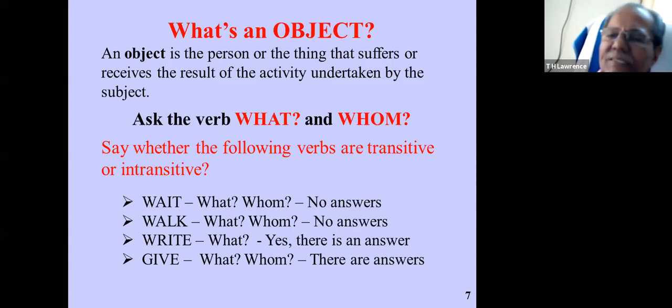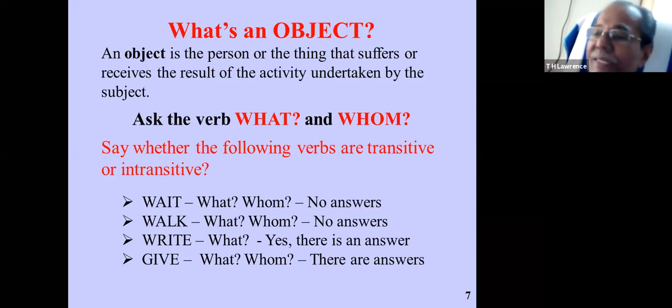Now see, say whether the following verbs are transitive or intransitive. I've told you, you can ask two questions to the verb, that is what and whom. Now see, wait. What? No answer. Whom? No answer. Don't say I am waiting for him, there is for him. No, no, no. You ask the verb. Without any preposition, you must have the answer.